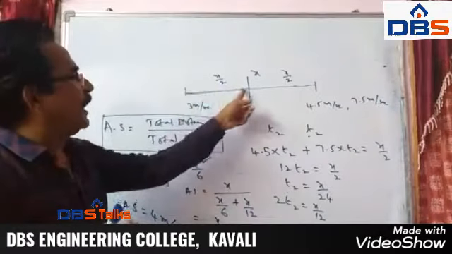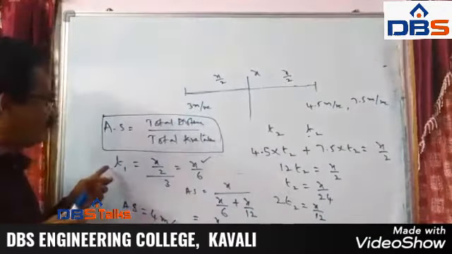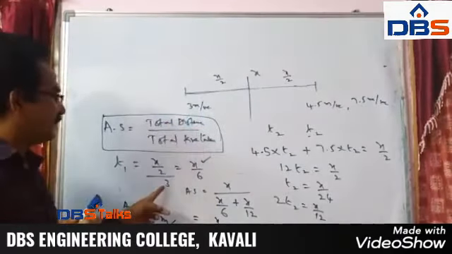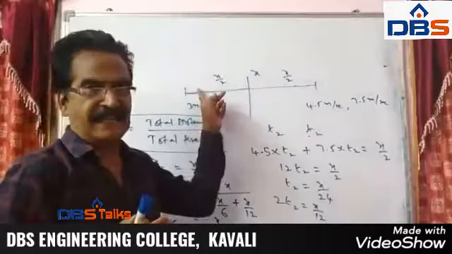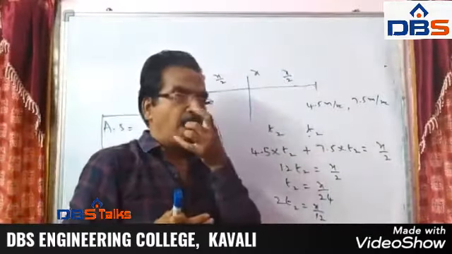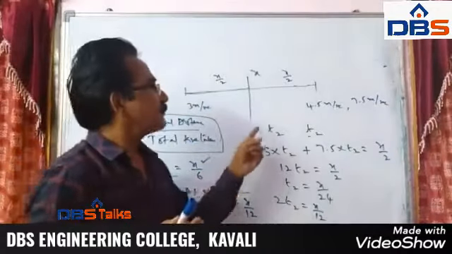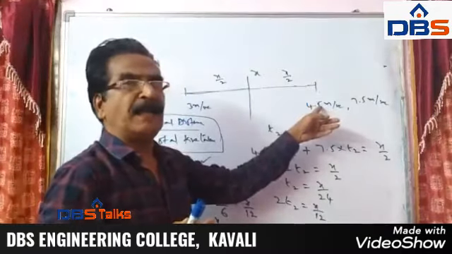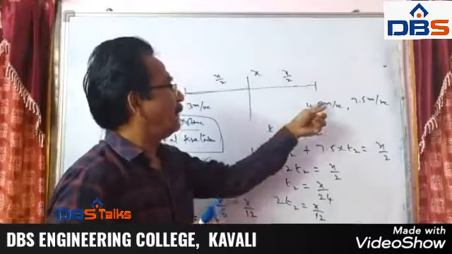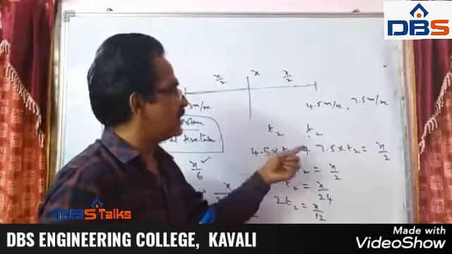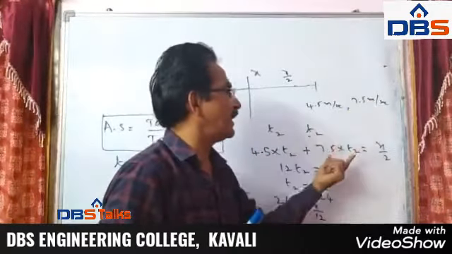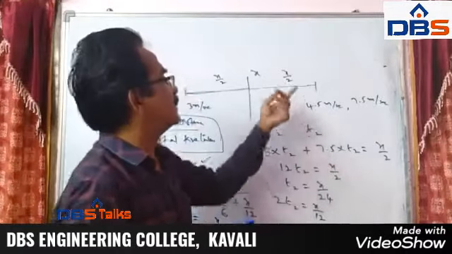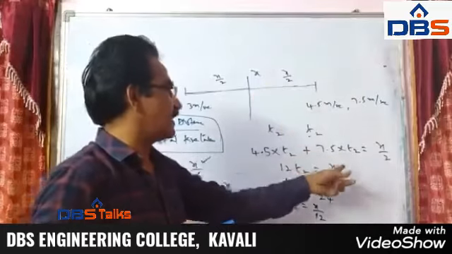The time taken to travel the first half is distance x by 2 by velocity 3 meters per second, so x by 6 is T1, and we have to find T2. The particle traveled T2 time at 4.5 meters per second, and by multiplying these two we get some distance, plus by multiplying these two we get another distance. So these two distances are equal to half of the distance, x by 2.